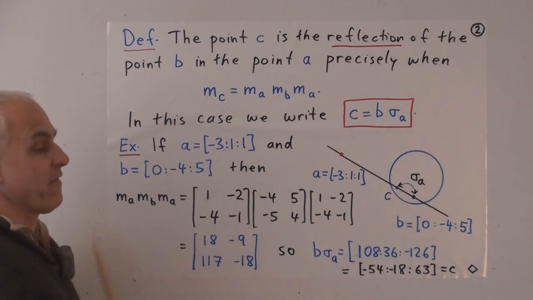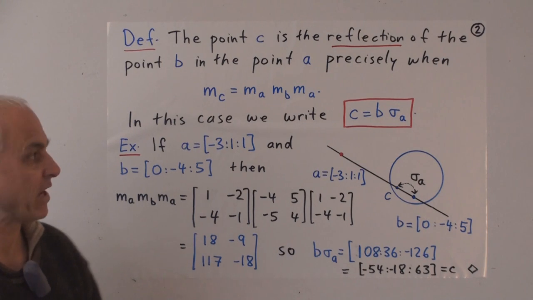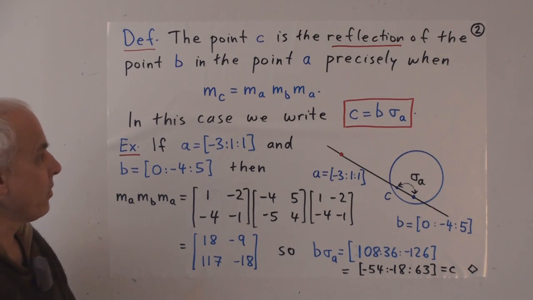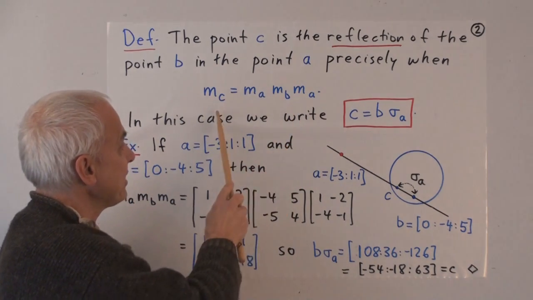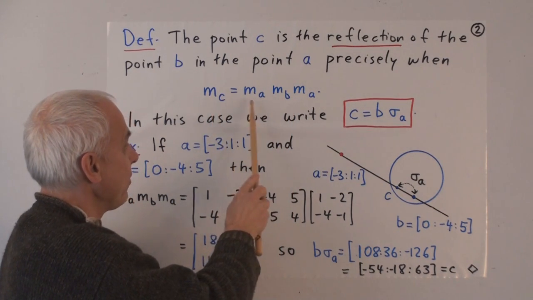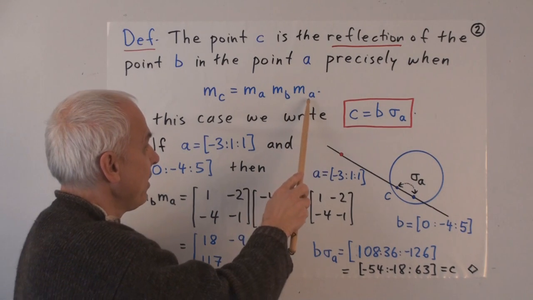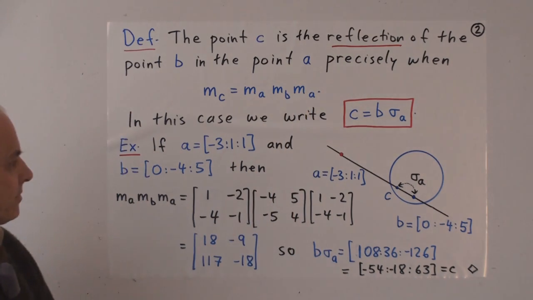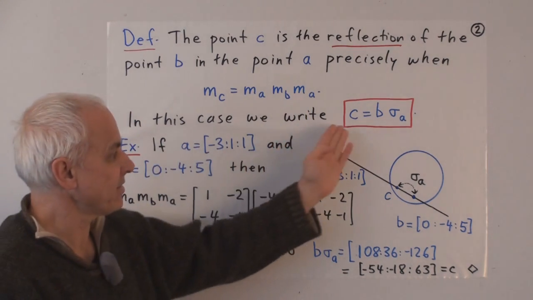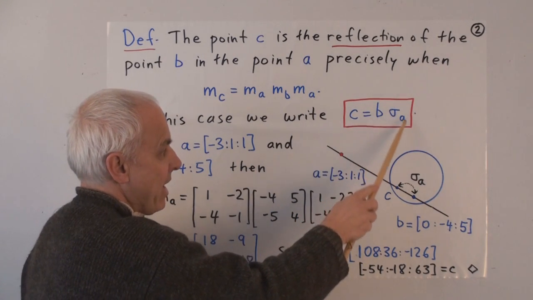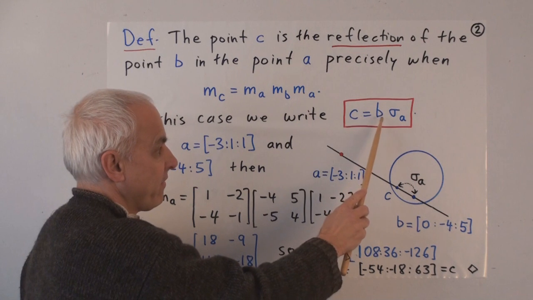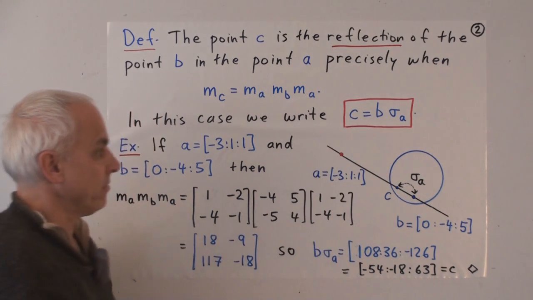So here's the official definition of reflection in the point A. We say that C is the reflection of B in the point A precisely when M sub C equals M sub A, M sub B, M sub A. And in this case, we write, this is our notation for it, C equals B sigma A. So this means that C is the reflection of B in A.